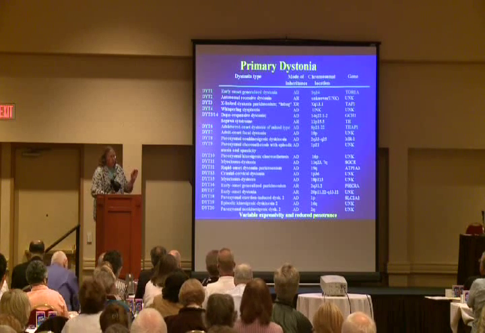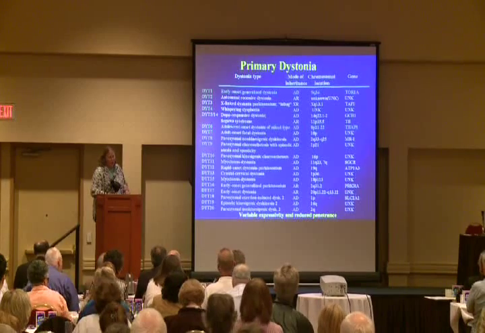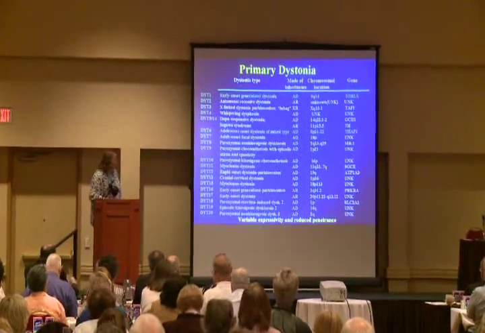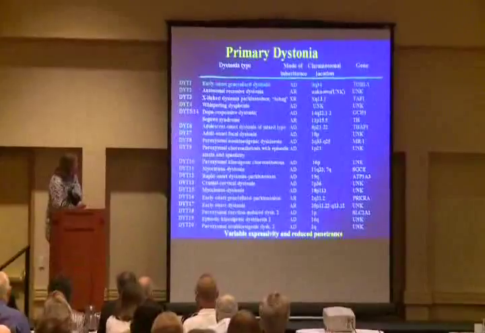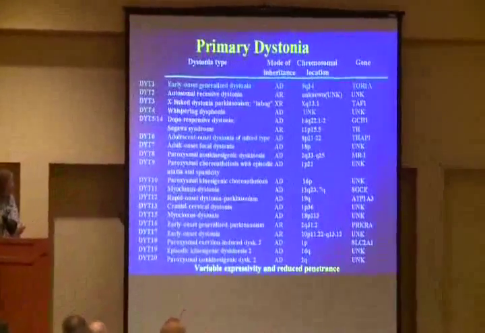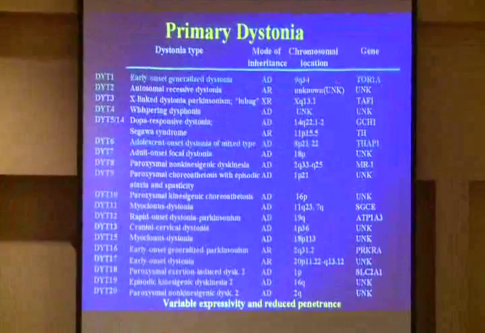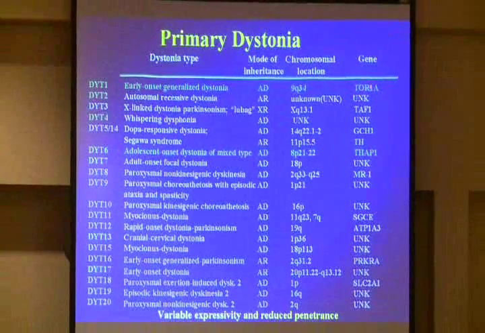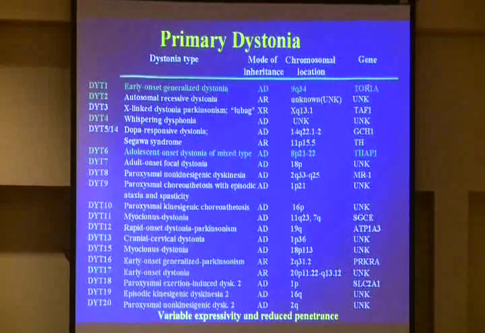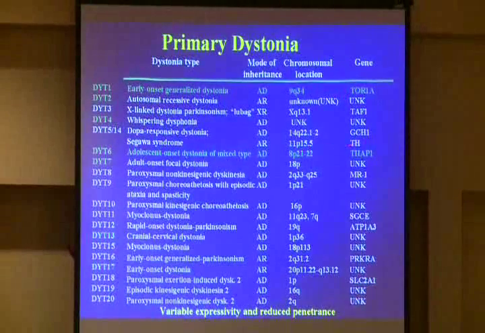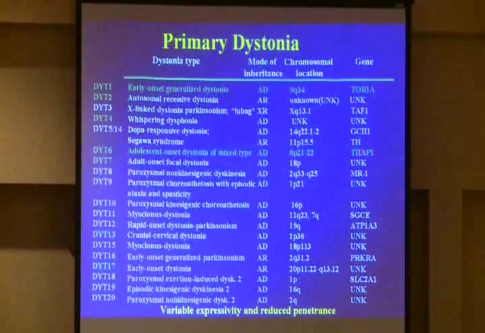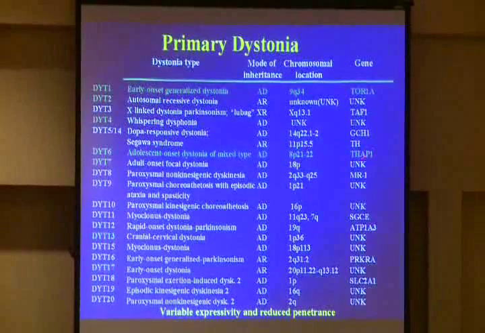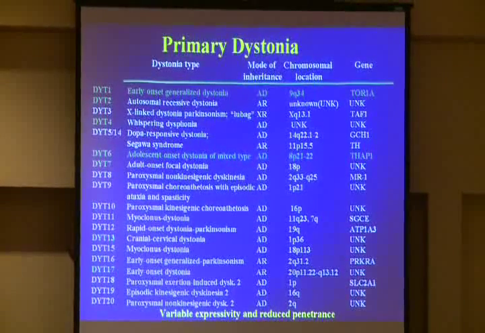This is where dystonia is the only or the main clinical symptom. Of the primary dystonias, only two of them, DYT1 and DYT6, have had their genes identified. This is TOR1A, or Torsin-A, which you've probably heard about, and then this new gene that we just found in the last few months called FAP1 for DYT6.